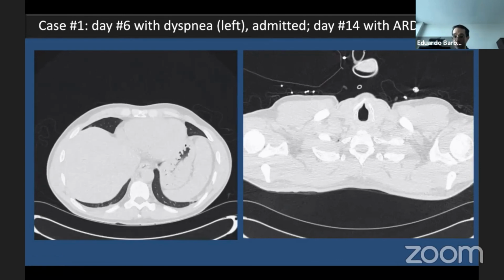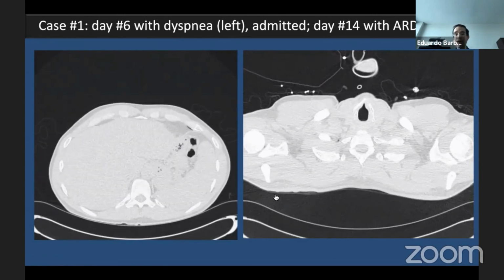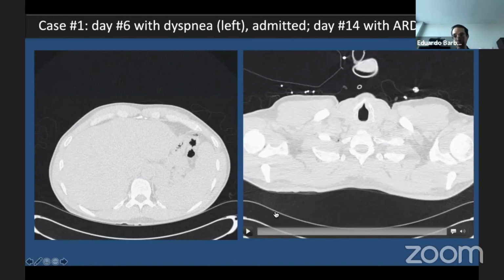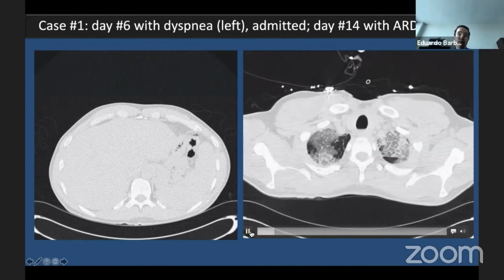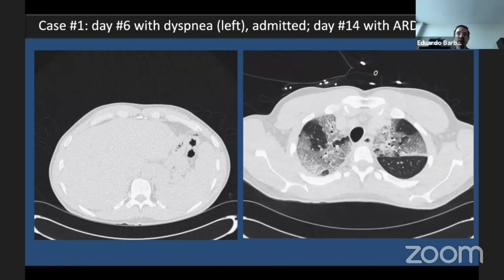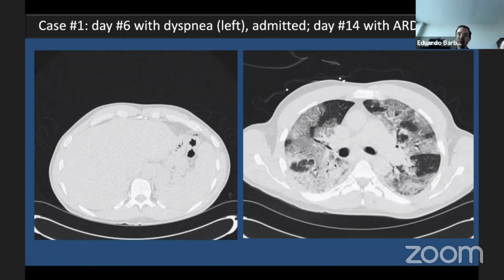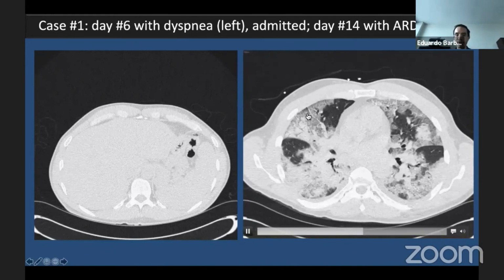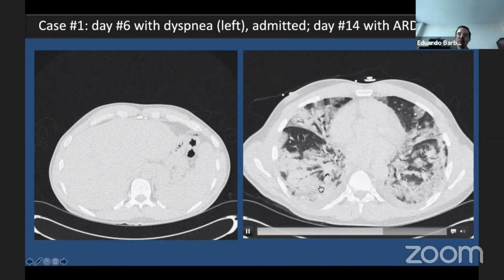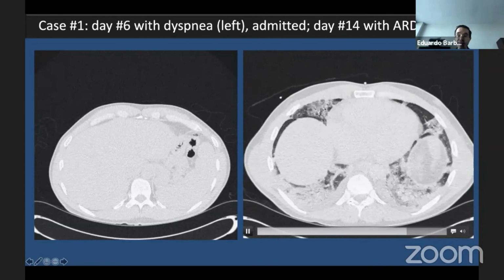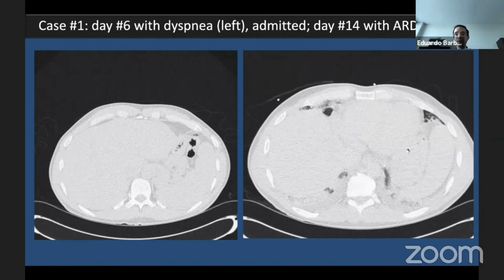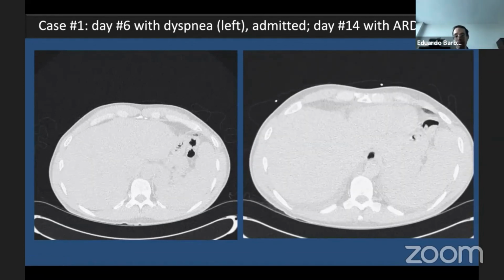This patient was admitted to the hospital that day, and then eventually needed ICU care, and that's the CT that you see 14 days after onset of symptoms. You can see that the pattern is similar, but it's much more severe. There's more extensive airspace disease, which is basically ground glass and consolidation. The percentage of lung parenchyma involvement has increased, and the density has increased. This patient is much more symptomatic at that time.